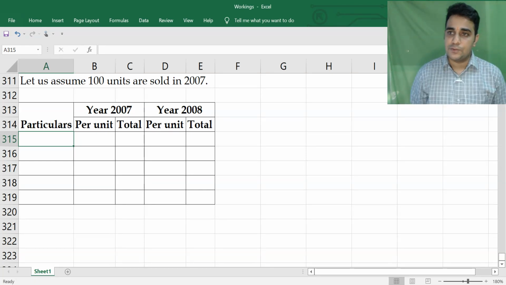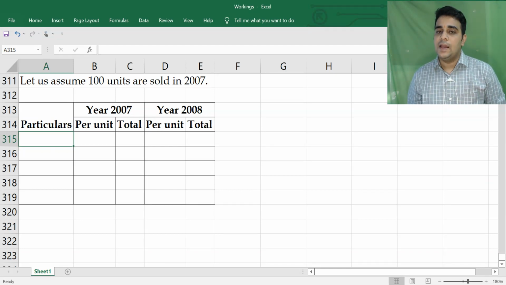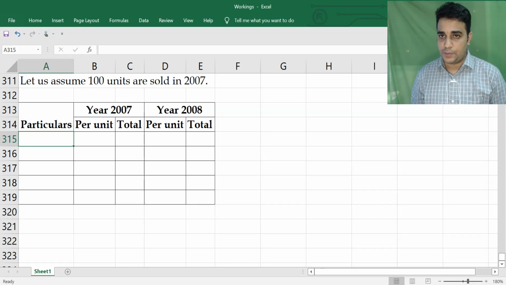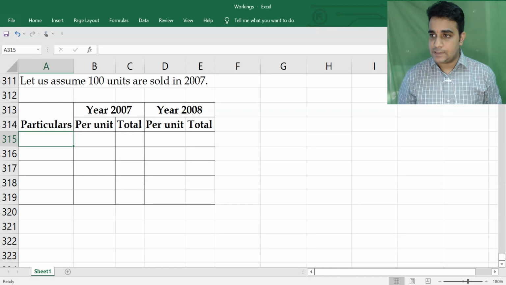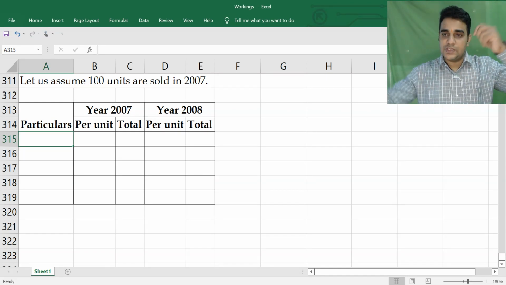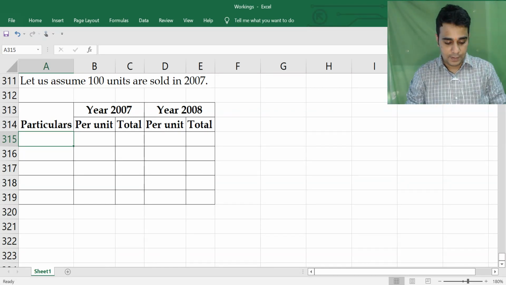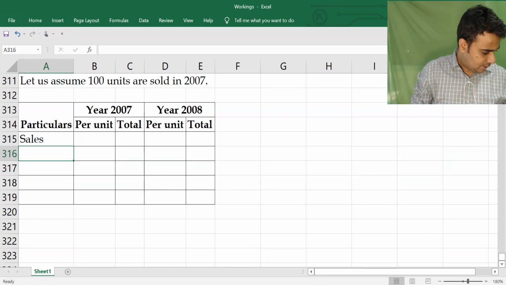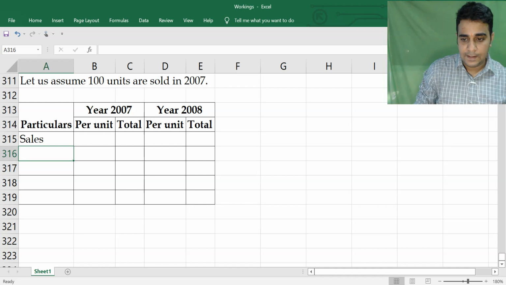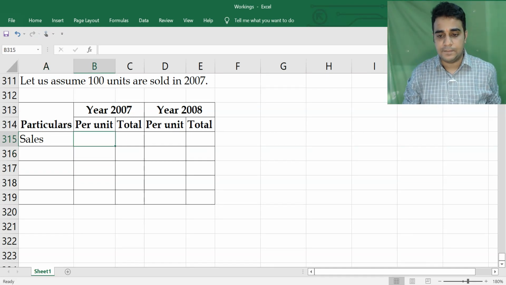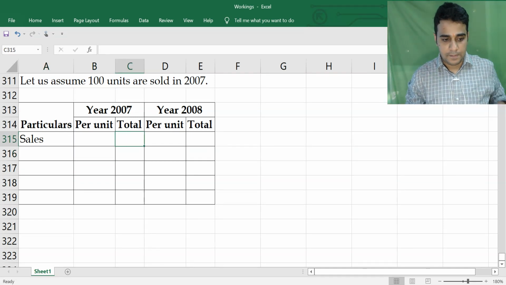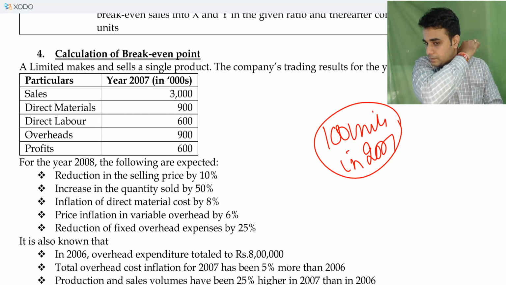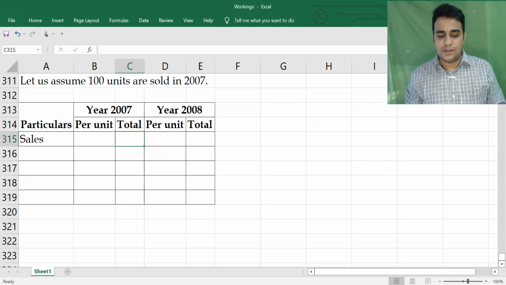My assumption is in 2007 we have sold 100 units. That assumption will make it simpler to solve the question. You will understand the importance of this as we proceed. Year 2007, year 2008. Sales 3,000, so 30 lakh.